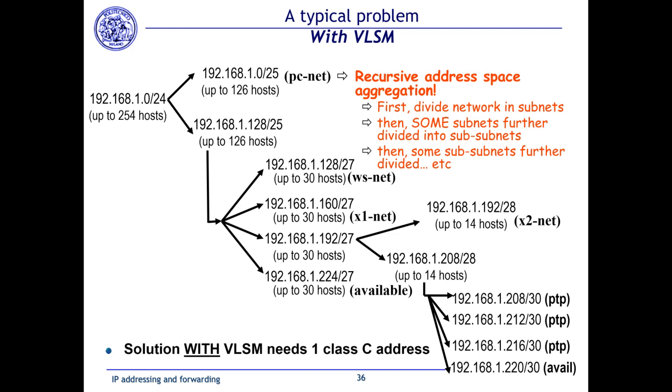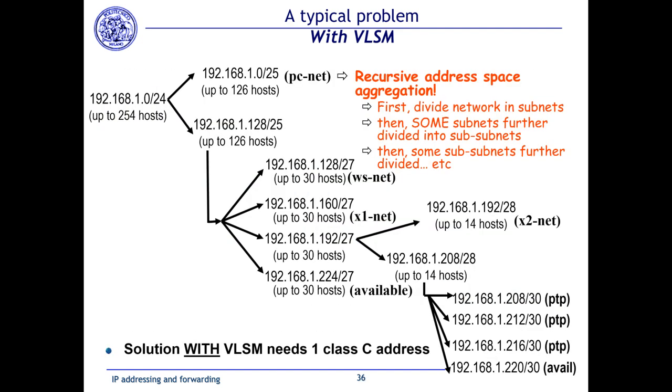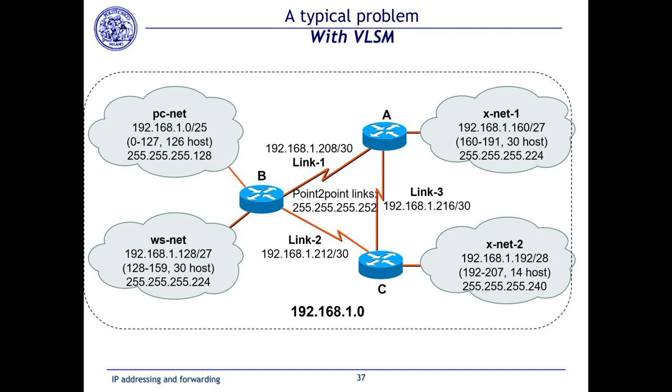So this is the mechanism of subnetting that is usually applied. And you can see that in the end we made it with a class C overall block for the overall network. And here you find the complete assignment.